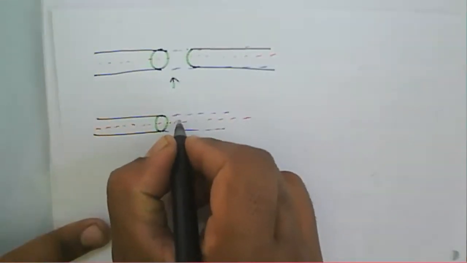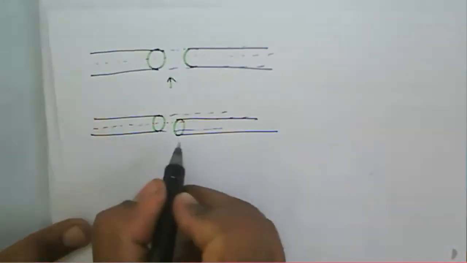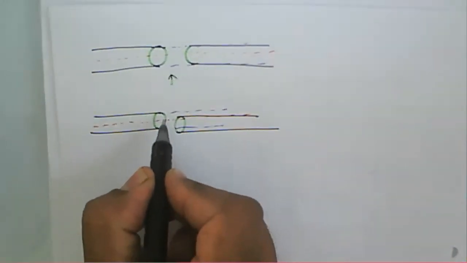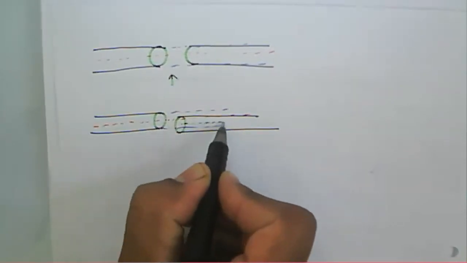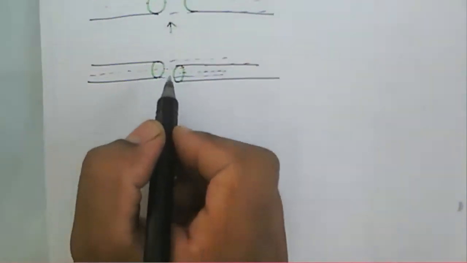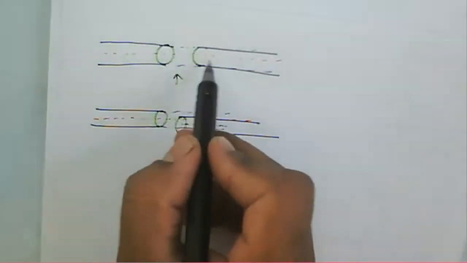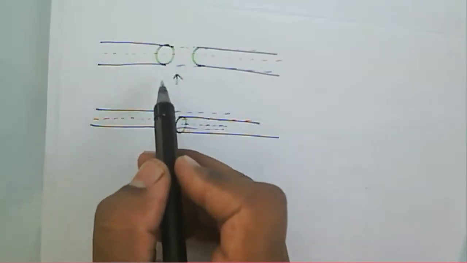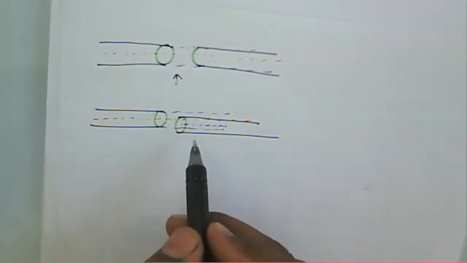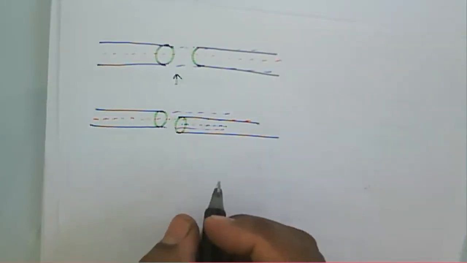But in the case of the other fiber, there is a small misalignment in the axis here. So this is the fiber axis, and there is a difference in the fiber axis of these two fibers. So we are not able to join the two fibers there. If the axis is not matched, then it is difficult to match the fibers.